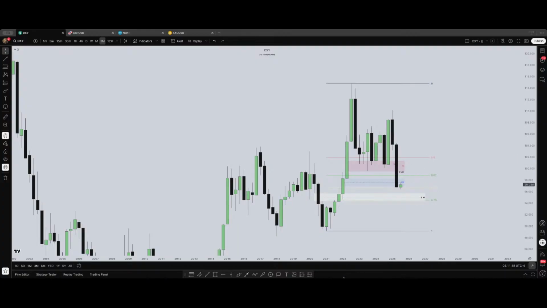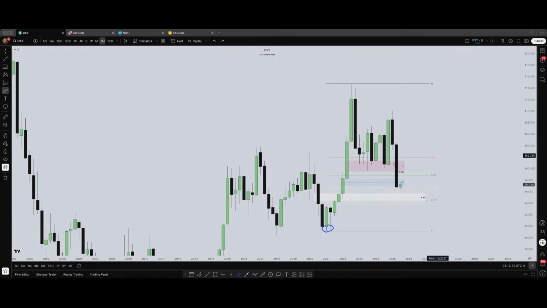So we are now in the discount area, which is this lower part. If you measure the Fibonacci from here to here, all this range, you can split it in half, right?